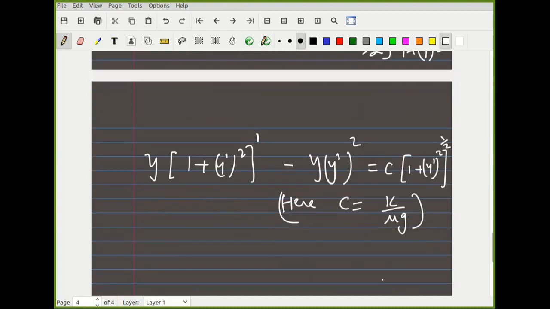So now, if you observe properly, this plus y dash square. It's not a dash, so don't get confused by this. Let me remove this guy. If you observe, y dash square here is with a plus sign, y dash square here is with a negative sign.